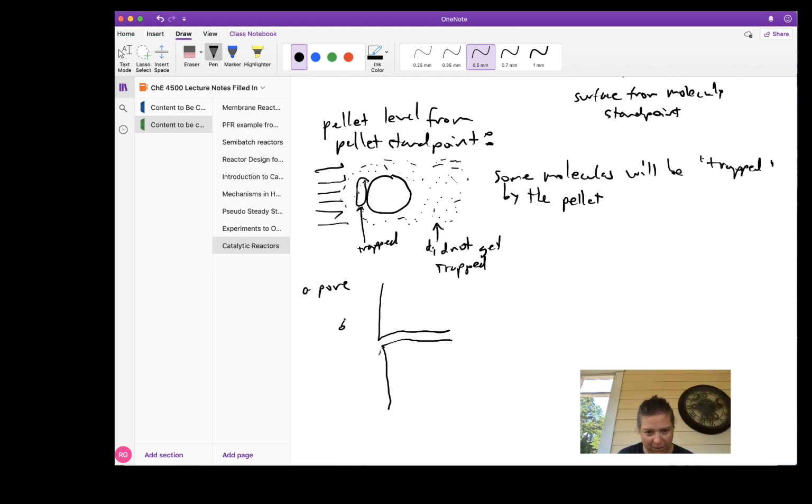I've got here one of these molecules that's been trapped by the pore surface. That molecule now needs to diffuse. So if we have my pore surface, the molecule needs to diffuse from the boundary layer. If the molecule is trapped, it's entered the boundary layer. So we can say boundary layer.